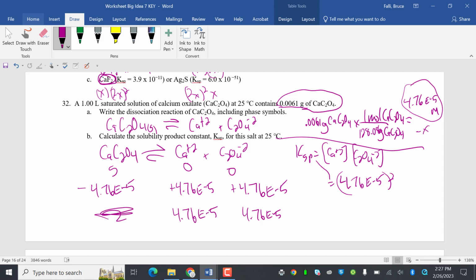Oops, I square rooted it. That's why. 4.76 E negative 5 squared. I have 2.27 E negative 9. That's it.